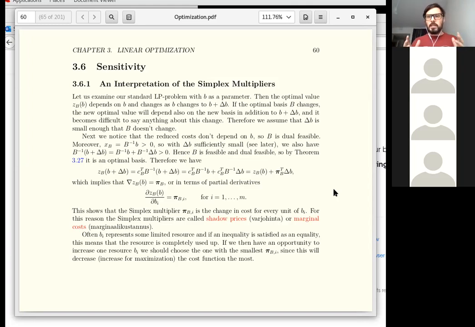Then let's say that we have a situation where we have framed some process of the industry as a linear programming problem.